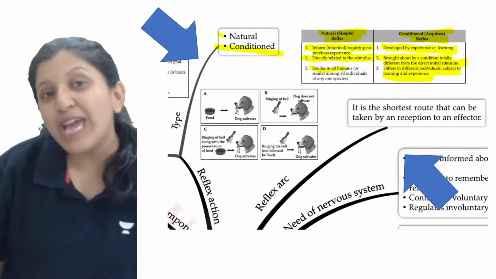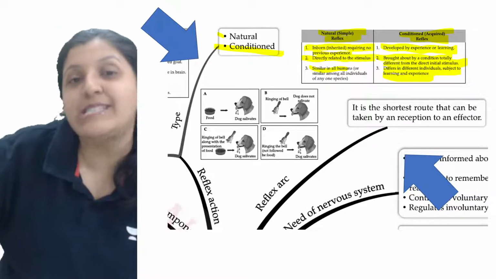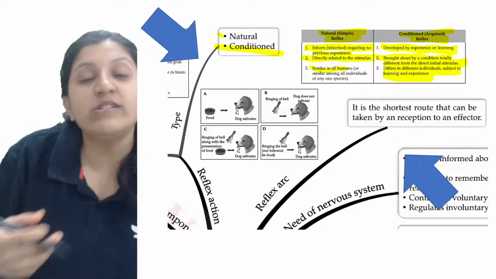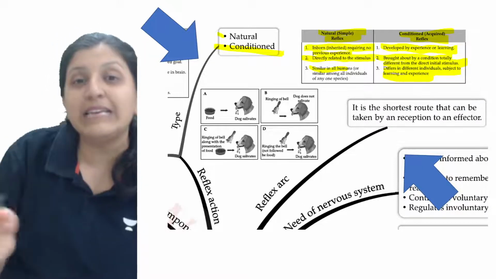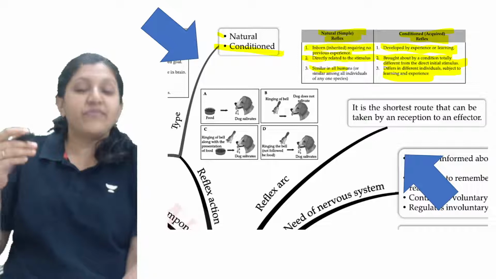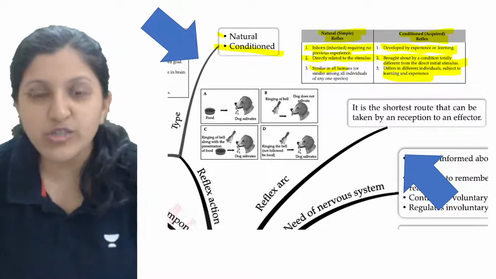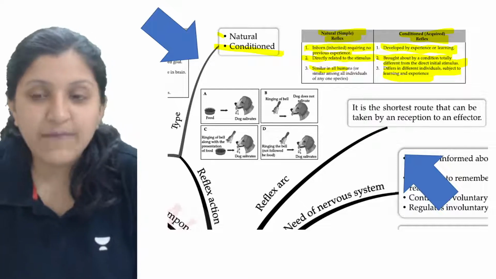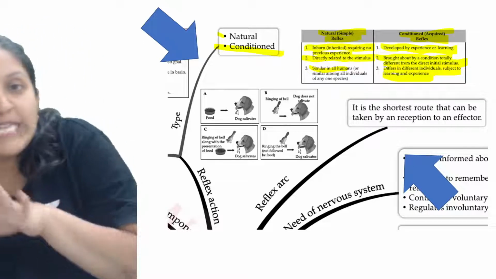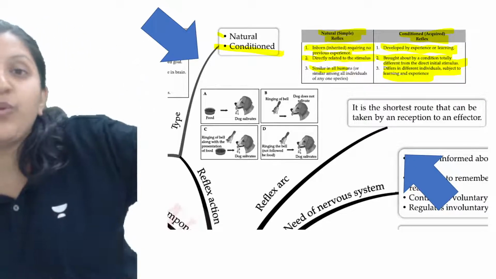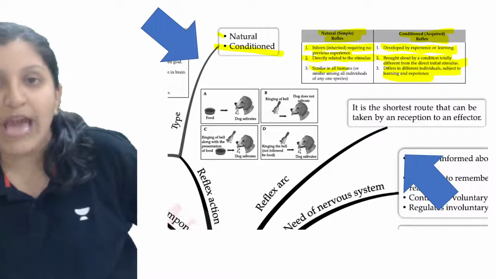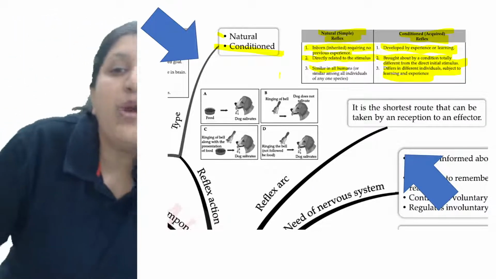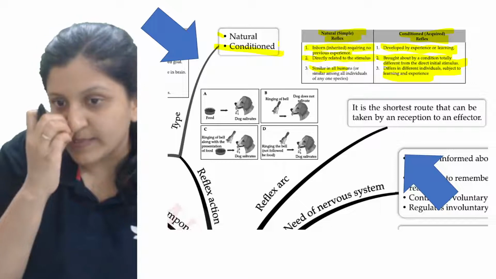The dog was able to get the food whenever there was a bell ring. So next time, when just the bell rang, the dog started salivating, thinking that the food would arrive because the bell is ringing. Whatever we learn with respect to the experiences that we have had, that we call a conditioned reflex.